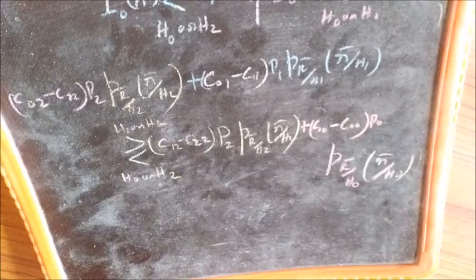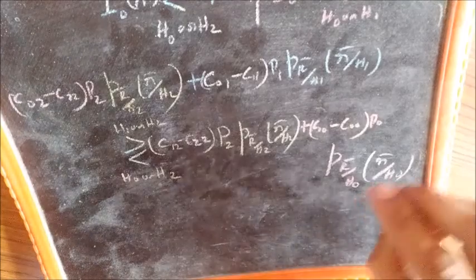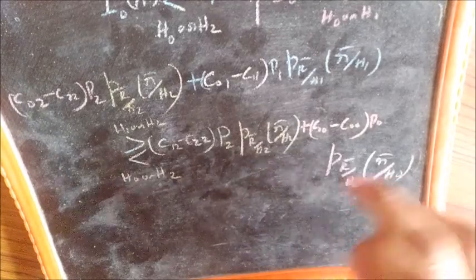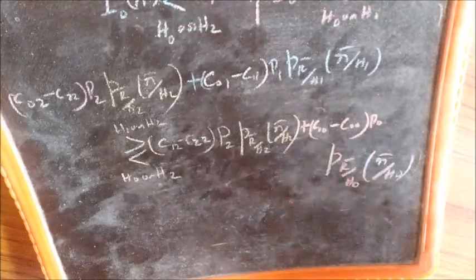And now we see that if we divide throughout with the density function of R given H0, we can write this in terms of the likelihood ratios which we had just defined.